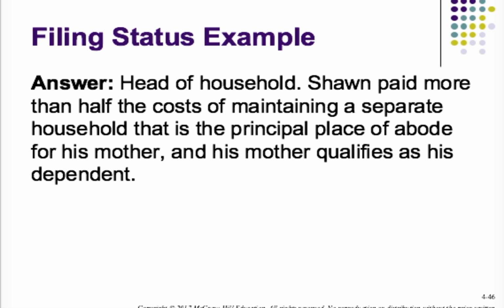So in this case, we would look at head of household first, and we would see if Sean meets those qualifications. And Sean does, because Sean paid more than half the costs of maintaining a separate household that is the principal place of abode for his mother, and in this case, his mother qualifies as his dependent, so he can qualify for head of household status.